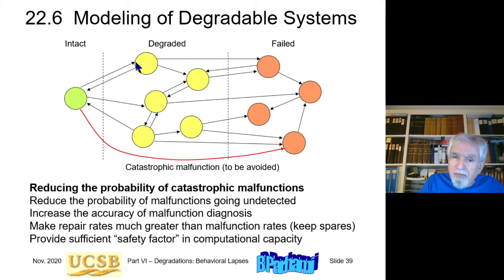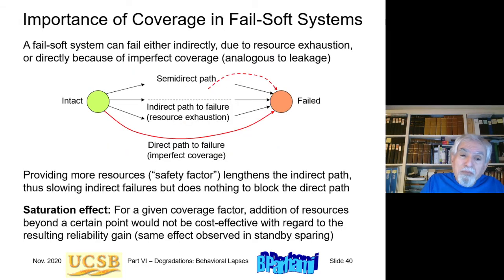So a processor failed, a second processor failed, a third processor failed. So resources have been exhausted. In other words, they have become so low that the system can no longer perform its function in an acceptable manner.